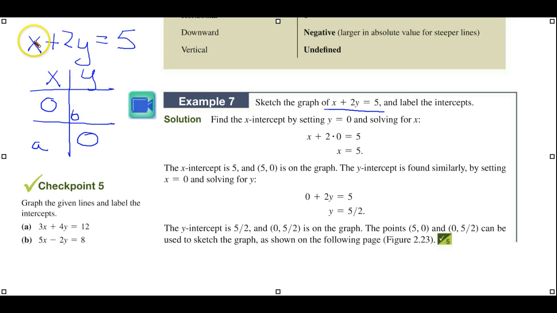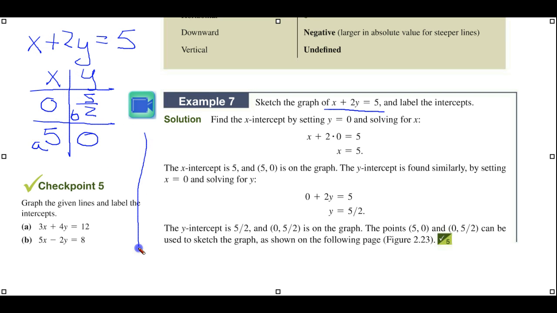So if x is a 0, what will y be? Remember, this is a 0, so you divide both sides by 2, and you get 5/2, or 2.5. And if y is a 0, x equals 5.